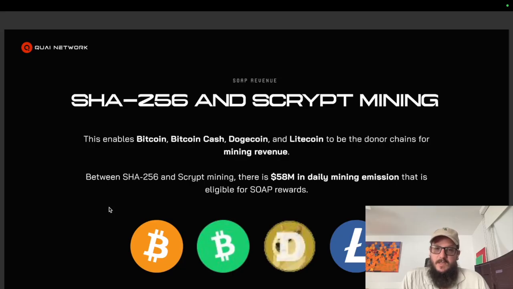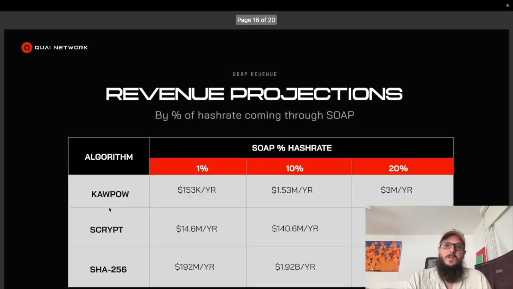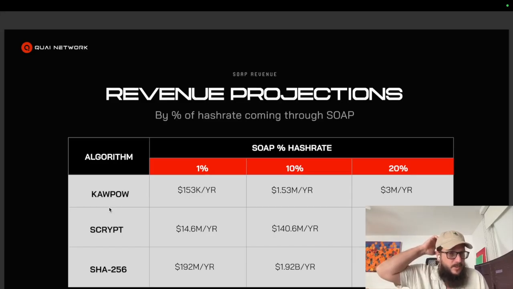Basically, SHA and Scrypt enable Doge, Litecoin, and Bitcoin Cash mining, which gives Quai access to up to 58 million a day in daily revenue. And these are just ideas of what might happen if you took 1% of the available revenue on a yearly basis.